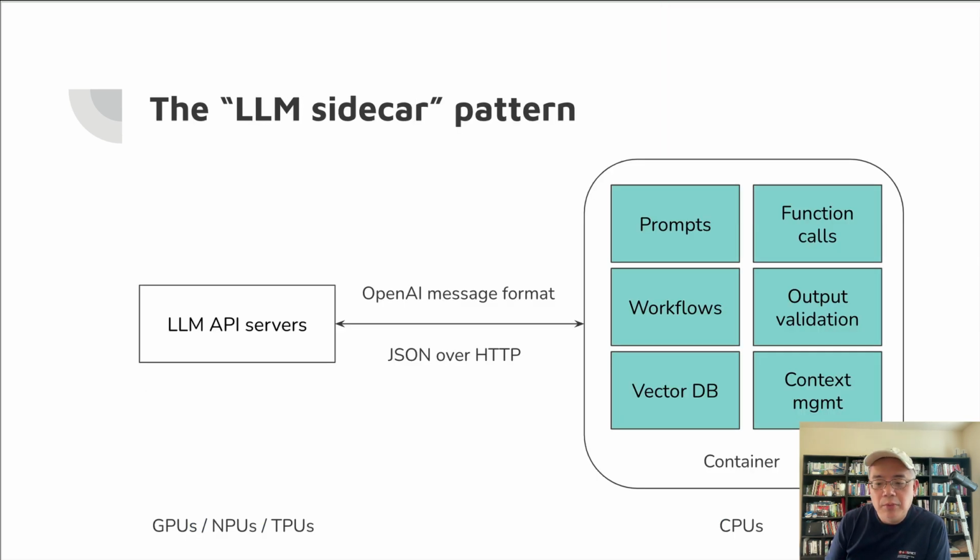Before we start, let's have a quick overview of how people develop large language model applications today. If you look at most of the online tutorials, most people are using the large language model sidecar pattern.